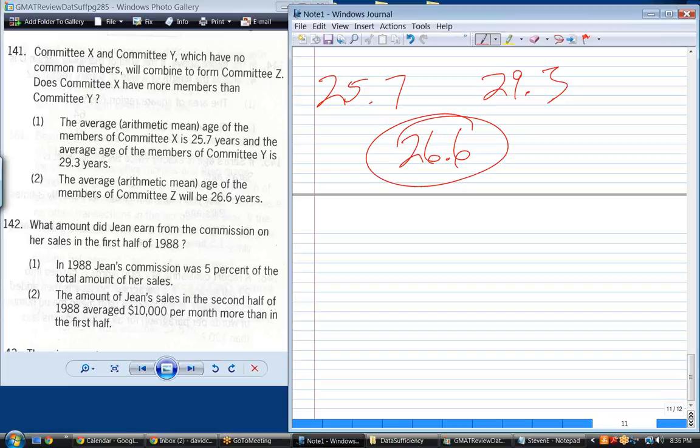And notice the question, does Committee X have more members than Committee Y? So once again, how would I possibly end up with an average that is so much closer to X than Y?